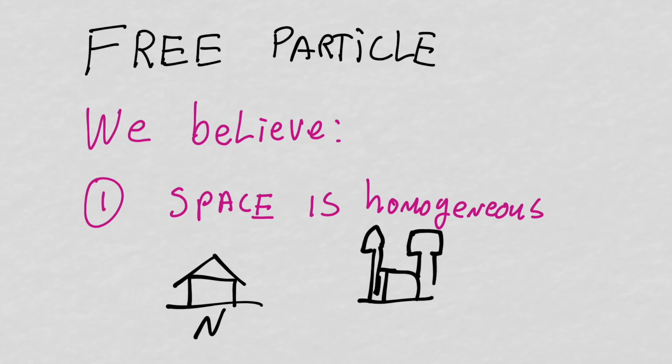Maybe this is a special building we call S, and it's like a holy place or something. So we could ask, if you move a particle around inside a holy place, is that different than if you move it around a normal building? If you do an experiment on the Earth, is it the same as if you did the same experiment on the moon? Well, if the Lagrangian of a particle here is different than the Lagrangian here, which is different than on the moon, then space is not homogeneous. So we're going to assume space is homogeneous.